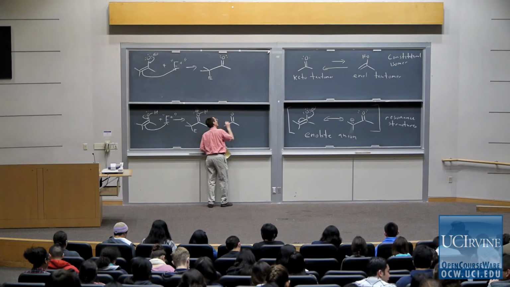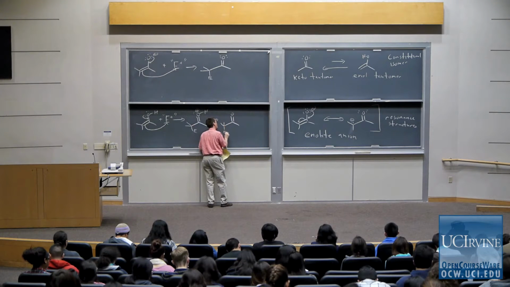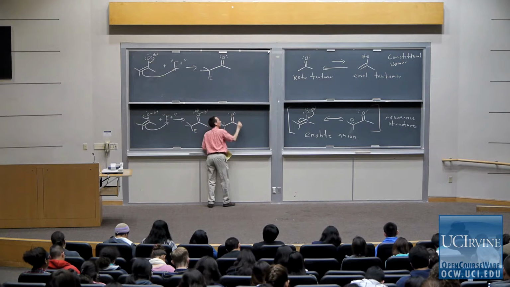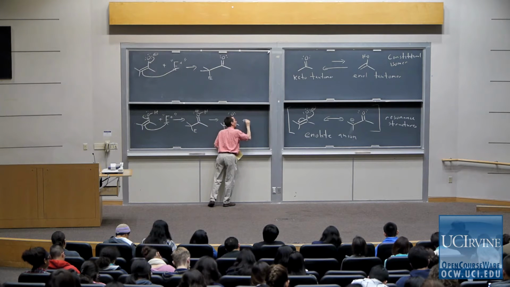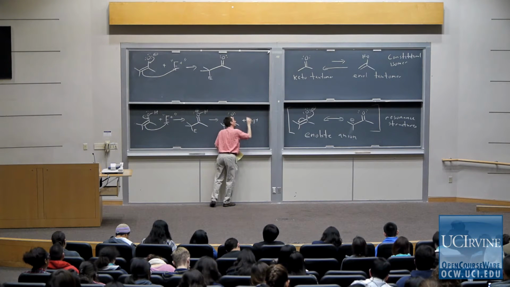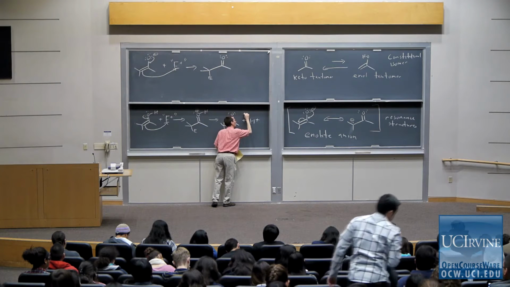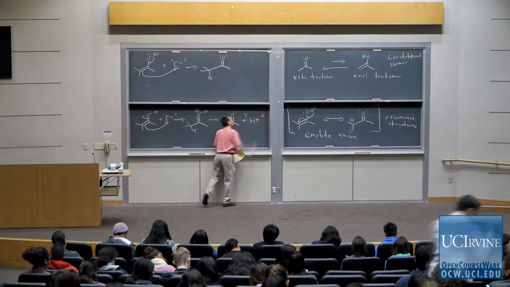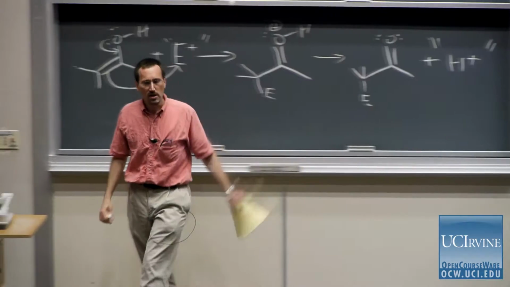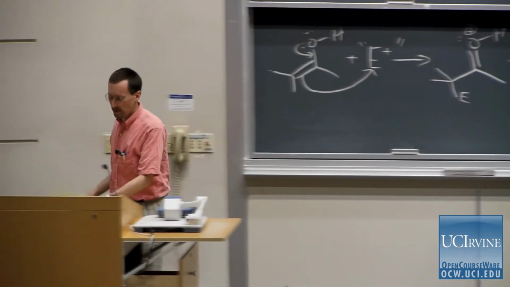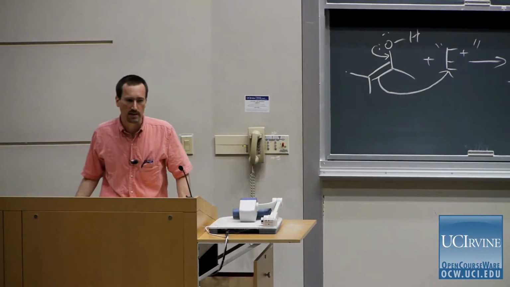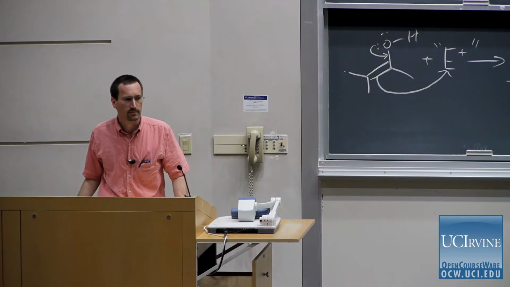And so at this point, we can imagine getting to, and I'll write that proton in quotes because, again, one would envision something taking it off, the carbonyl compound that's reacted at the alpha position.